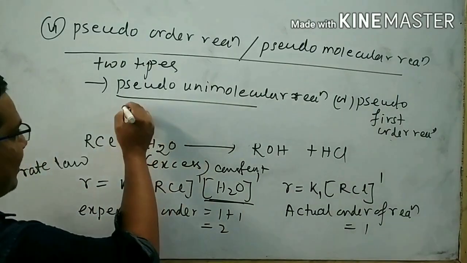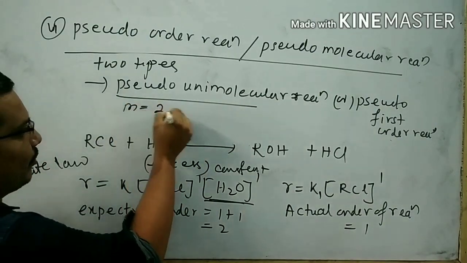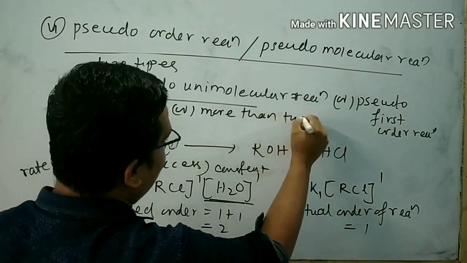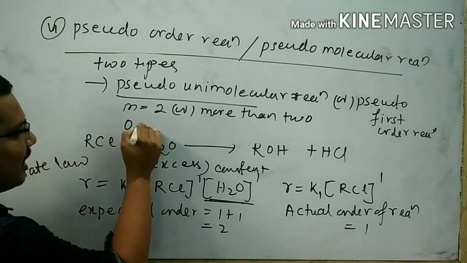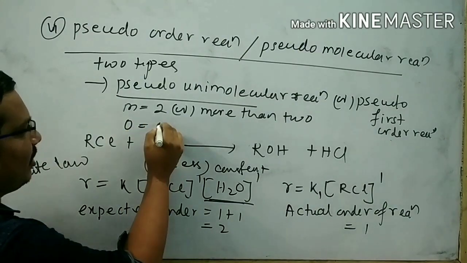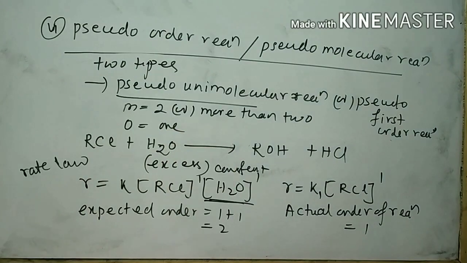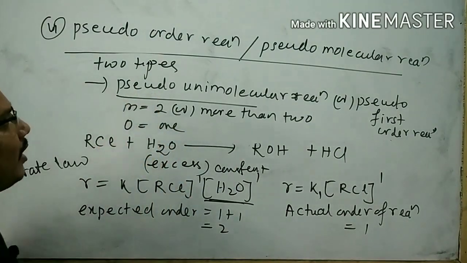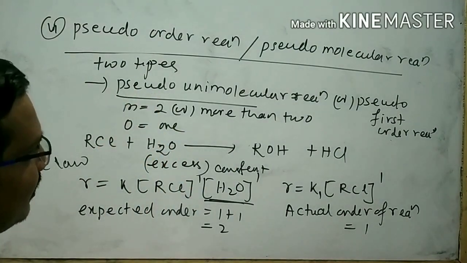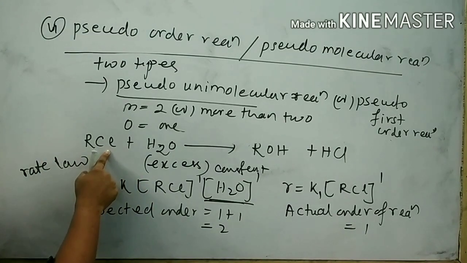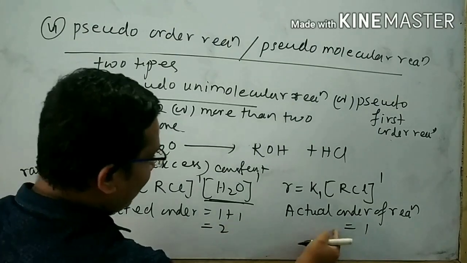In this type of reaction, the molecularity is 2 or more than 2, but remember the order of reaction must be equal to 1. That means we can define the pseudo unimolecular reaction. At first I will prove that this is a pseudo reaction by these two values.